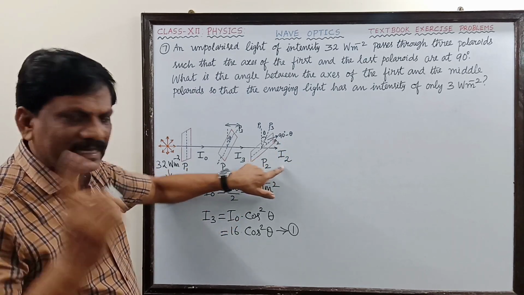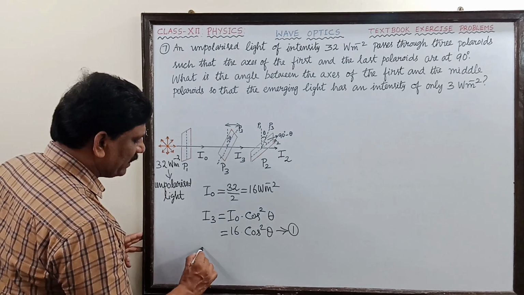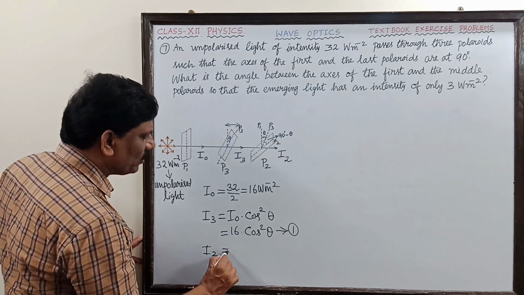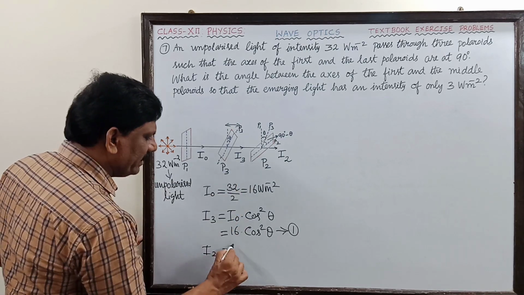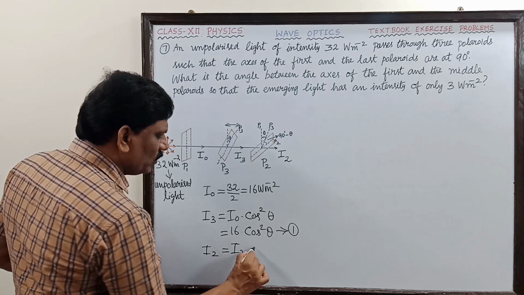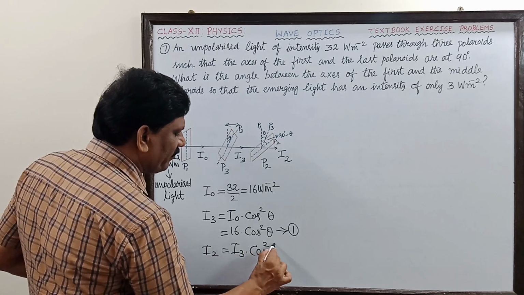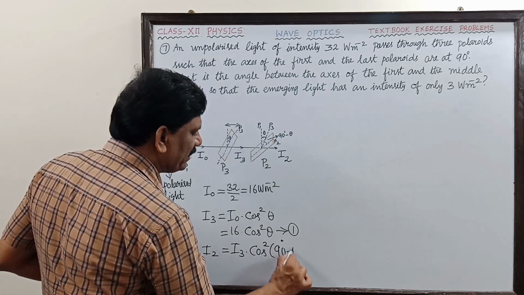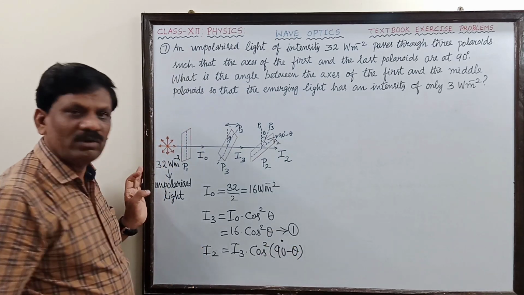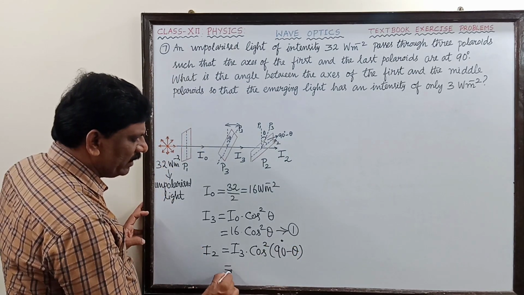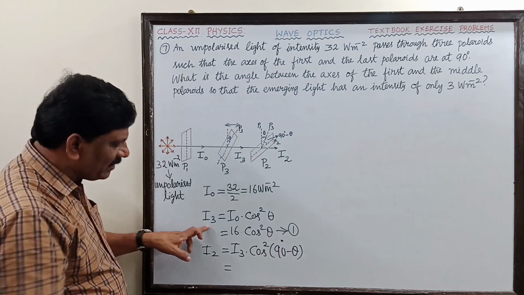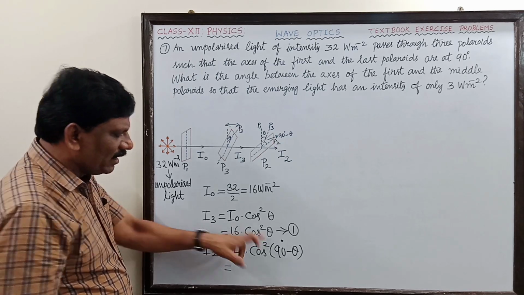I2. So once again, now Malus law I am going to use that. So I2 must be equal to this I3 into cos square of 90 minus theta. Instead of I3, we substitute 16 cos square theta.